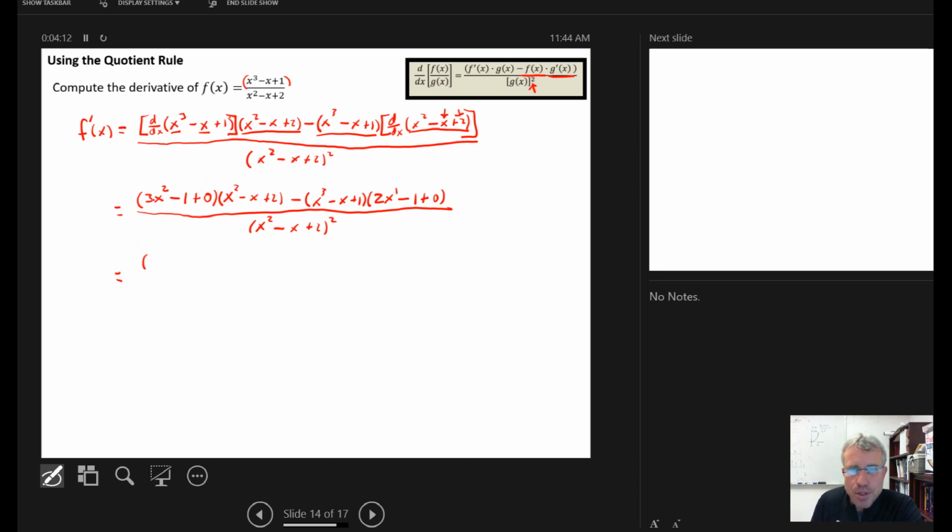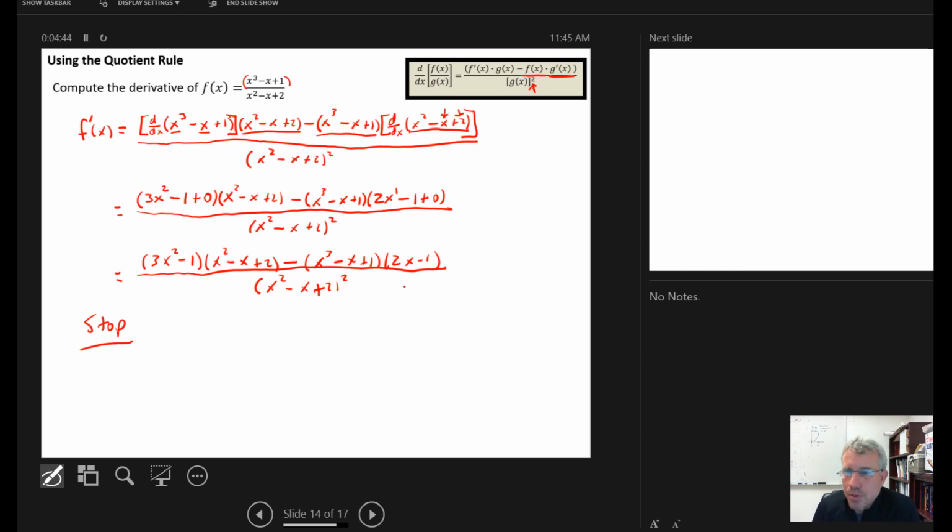It looks like we get just a 3x squared minus 1 here, times x squared minus x plus 2, minus parentheses x cubed minus x plus 1, times the 2x minus 1, all over x squared minus x plus 2, all squared. That's a horrible fraction bar, but I'm going to live with it. And so here I think it's okay to stop.